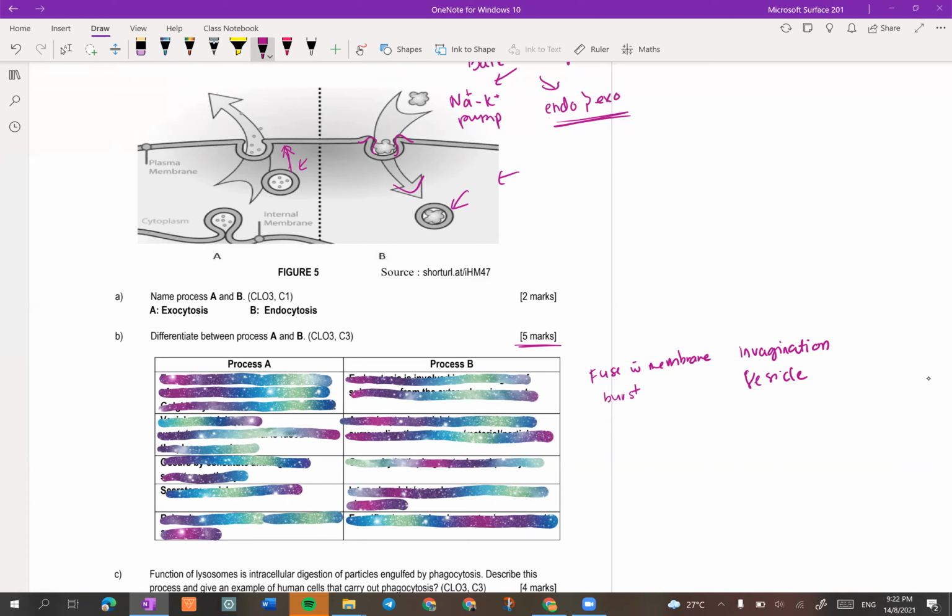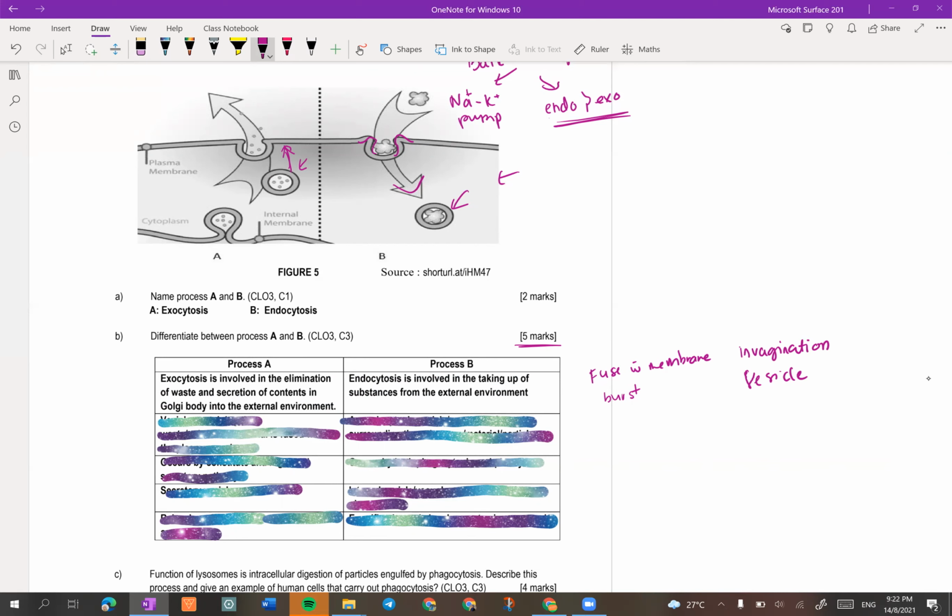Can you say something about ATP? Actually, because this is active transport, both of these use ATP. Right? So let's check what the answer is. Exo means it discards. So it is more involved in elimination of waste and secretion of content into the environment, while this one is more about uptake of content for it to eat. And indirectly we can also say it is for digestion and everything.